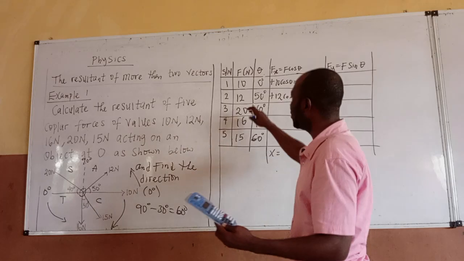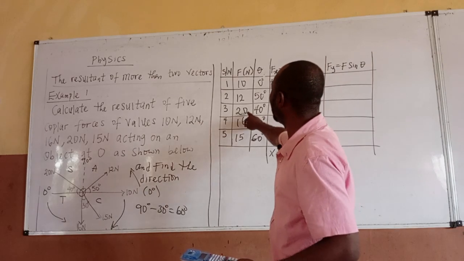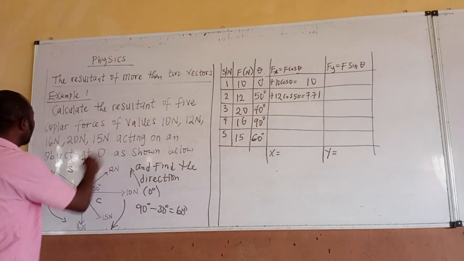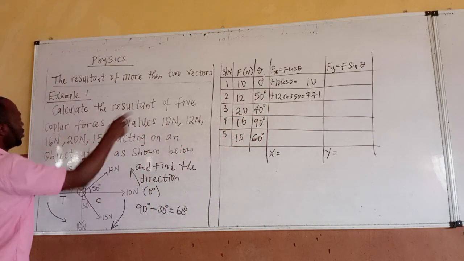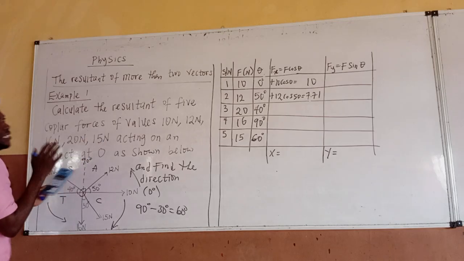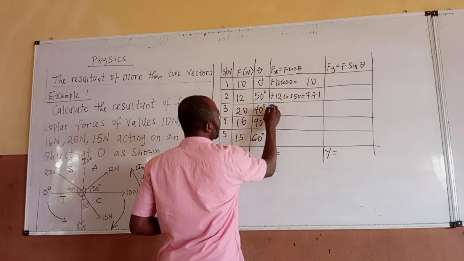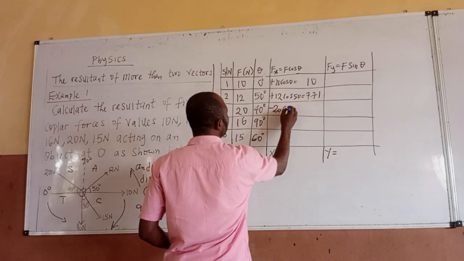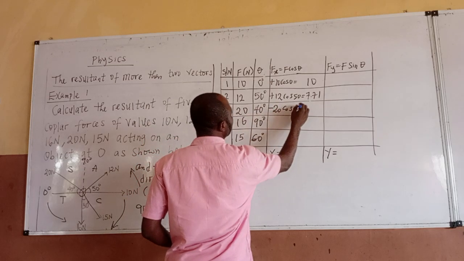Now the third one, the one of 20 Newton. You can see it is in this quadrant, and it is only sine that is positive. You are talking about cos, so automatically it is negative. I am going to have minus 20 cos 40.